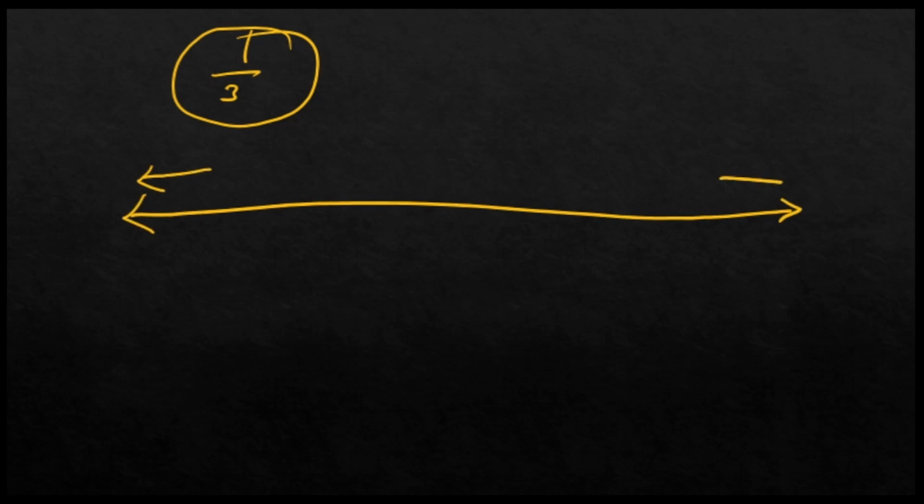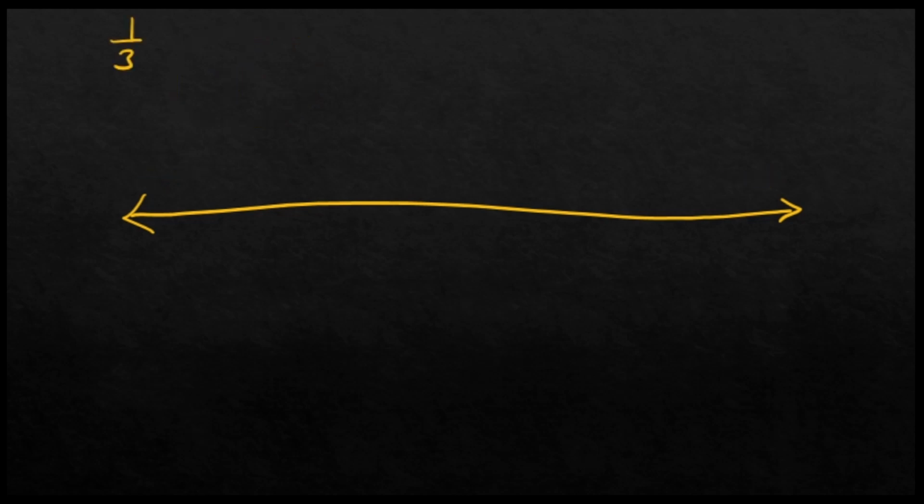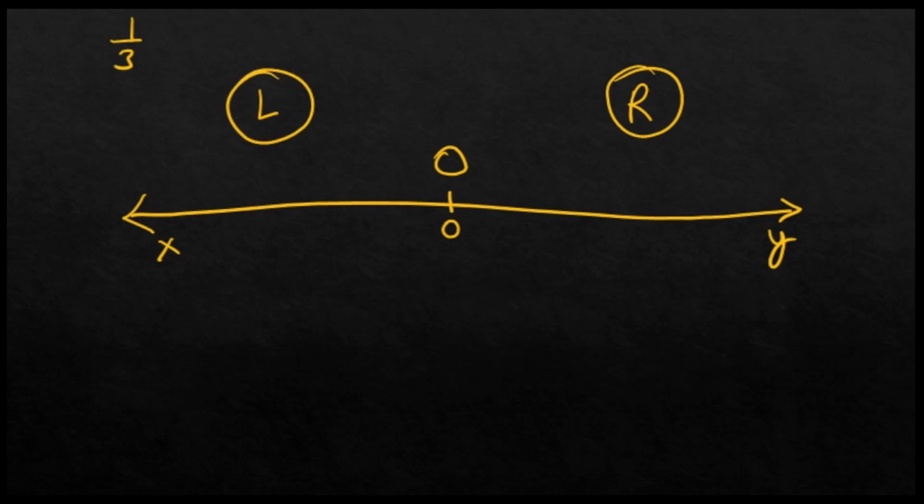Simply draw a straight number line, extending endlessly to this side and to this side, and name this line XY. Draw a point O which represents 0. On the right side you will have positive rational numbers, on the left side you will have negative rational numbers, but this time, as we all know, we have to represent 1 by 3.